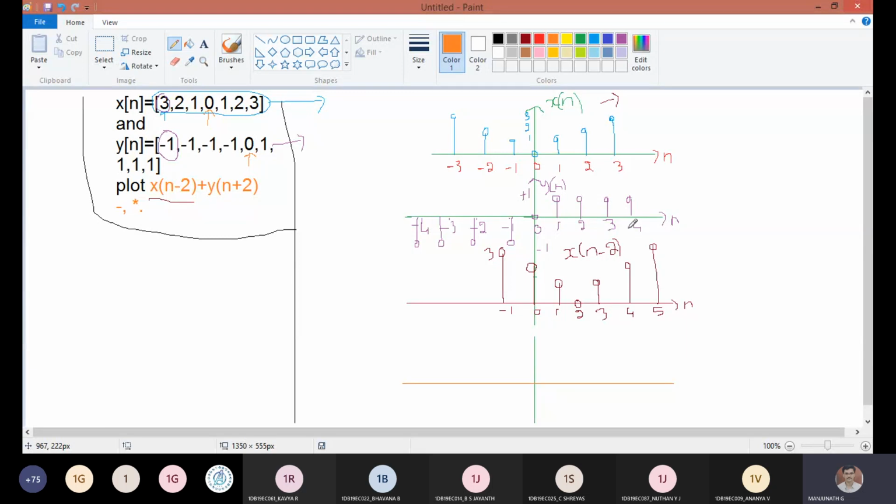So the signal which was starting at 4 will come to 2. Agree? So from 2, your amplitude is 1. So this 4 will come to this position. Then 1. Then 0. Then you get minus 1 also.